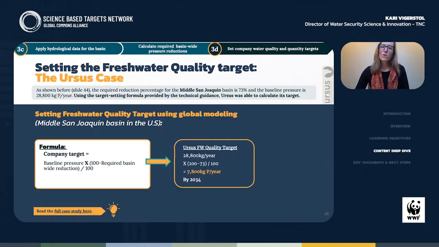Now, let's look at how the URSIS team set a freshwater quality target. We saw that the required reduction percentage calculated from equation 3 is 73%.